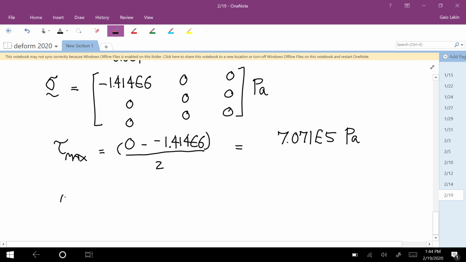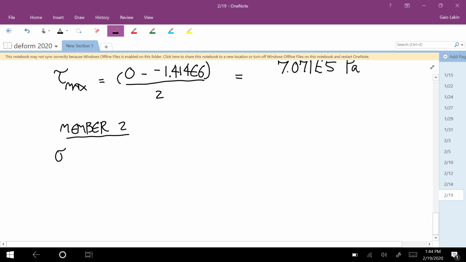And now for member 2, anybody have any questions about that one? It's the same procedure for member 2. The XX normal stress is 1,000 divided by 0.001. So that's 1.0 times 10 to the 6 pascals.